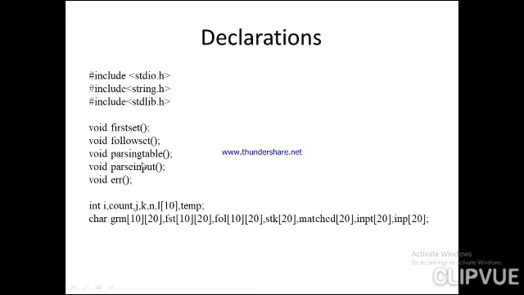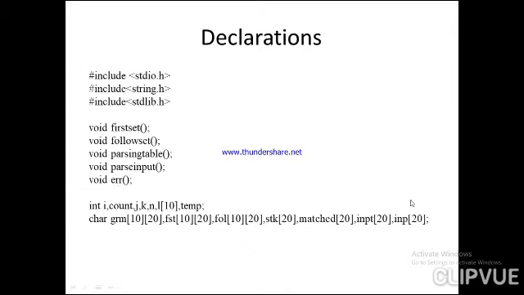These are the different functions used in the program: the first set function to compute first, the follow set function for computing follow, the parsing table function for constructing the parsing table, the parse input function for parsing the given string, and any error is handled with the error function.